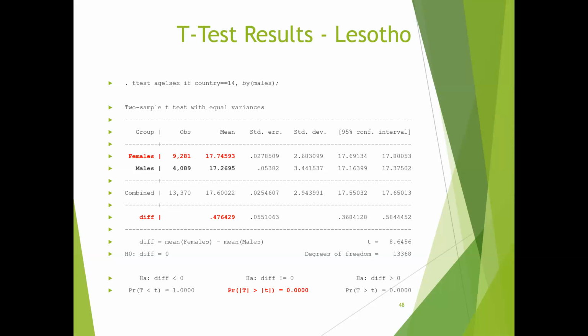Anybody confused? Why is there a t-value of 1 and then a t-value of 0? At the bottom there, the first calculation ends up at 1. I assume it's because it's still using the emails. Are we talking about Lesotho or Eswatini?